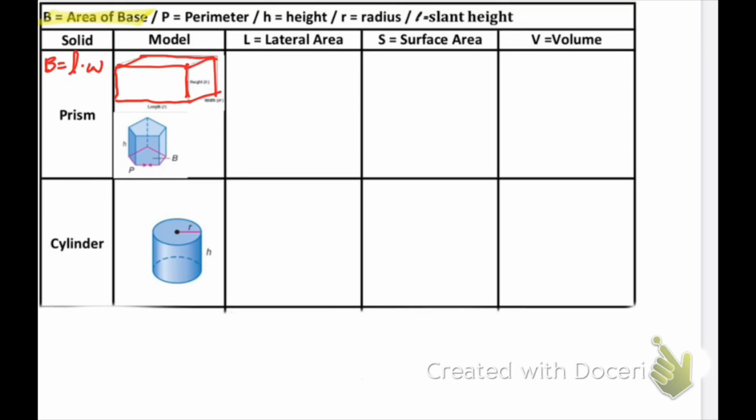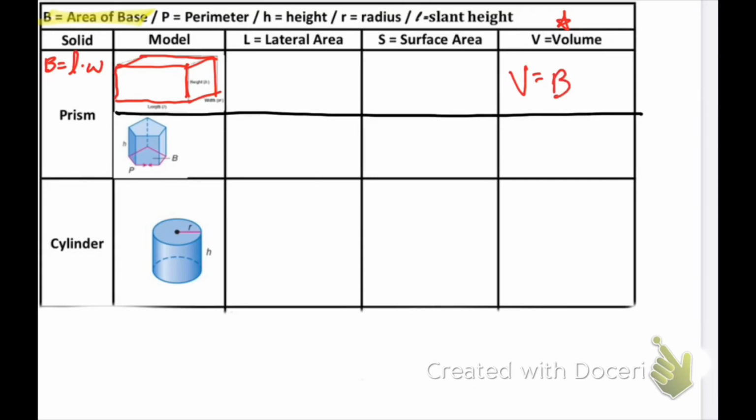I'm going to put a little line here to separate these. Well, for the volume, the volume is going to be equal to the area of the base, capital B for area of the base, which is length times width. I'm just going to multiply it by the height.